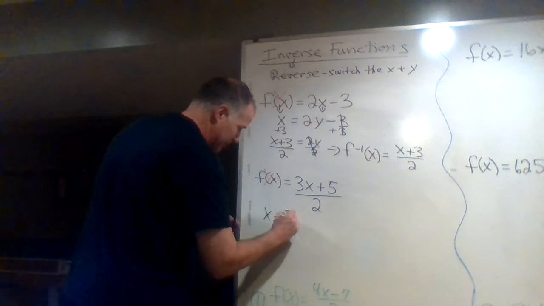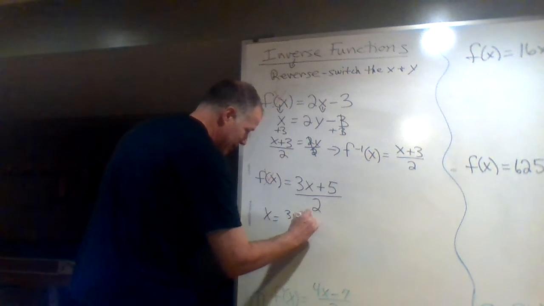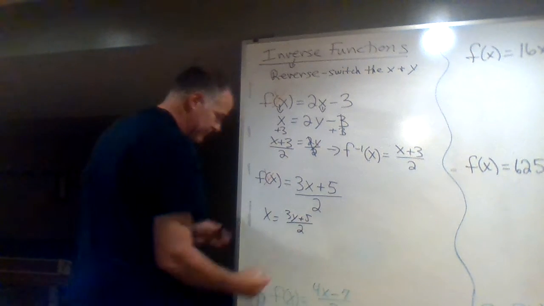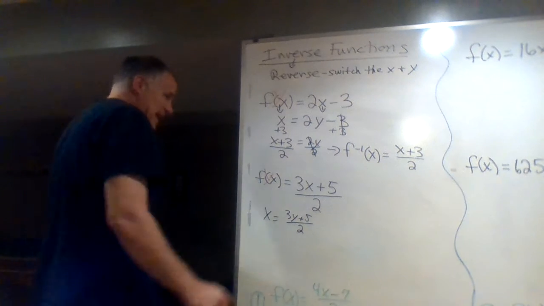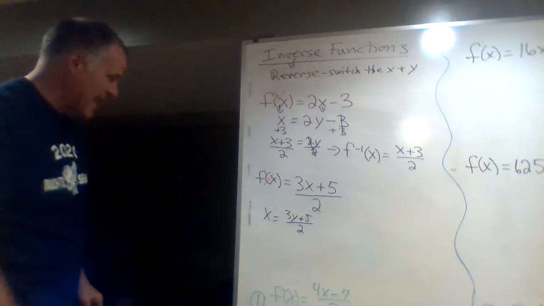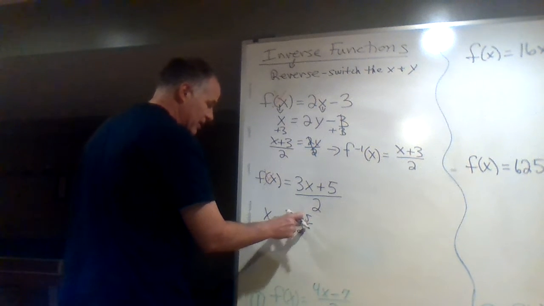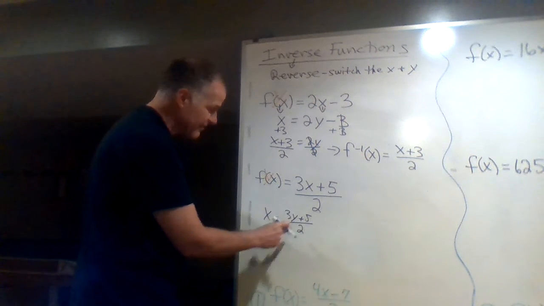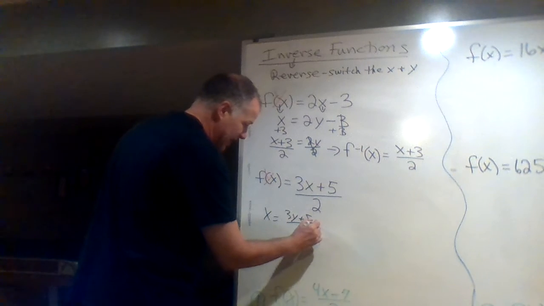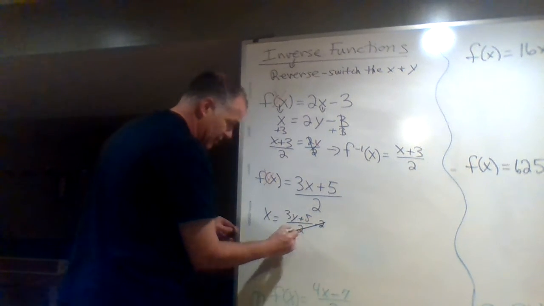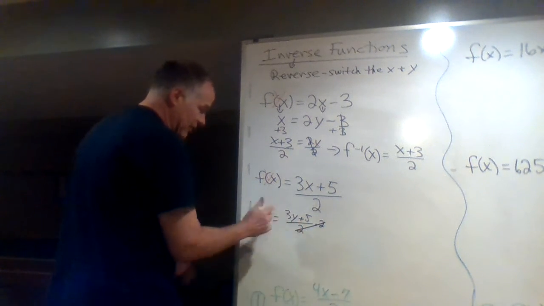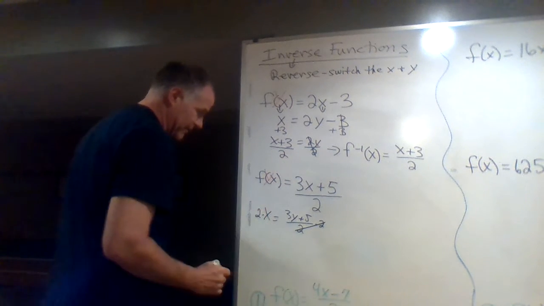So I'm going to turn it into 3y plus 5 over 2. Now, back to some algebra. We have to get rid of the complex fraction first. I've got to get rid of the 2. Remember, the bottom of a fraction means divide. So that 2 is dividing. To cancel that 2, I'm going to multiply by 2. Whatever I do to one side, I multiply this by 2.